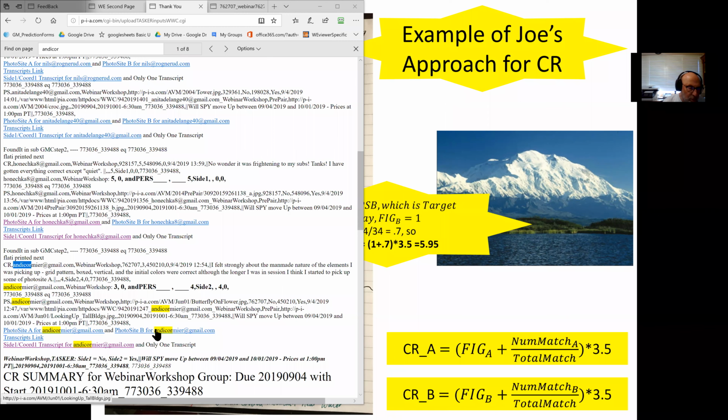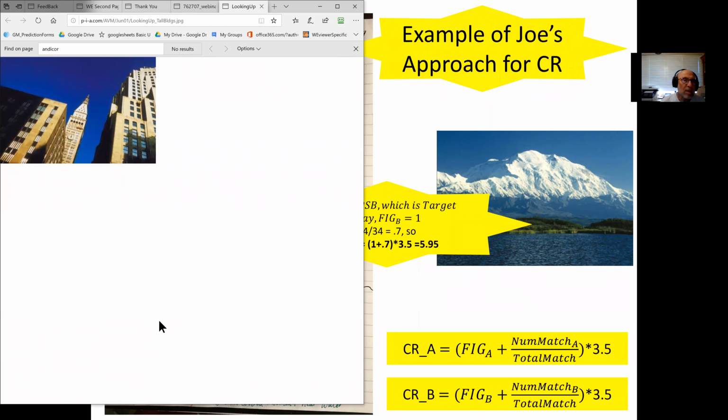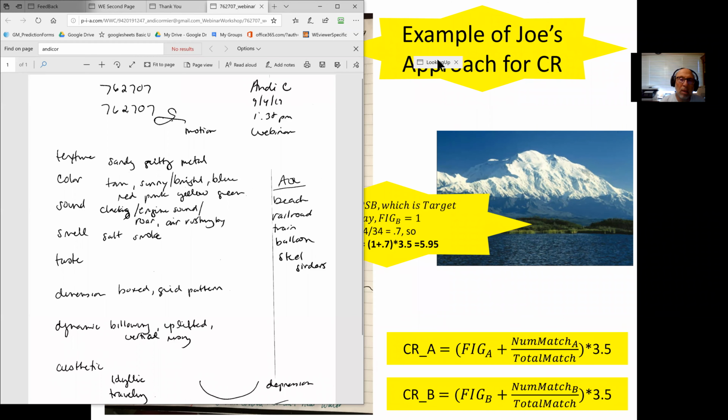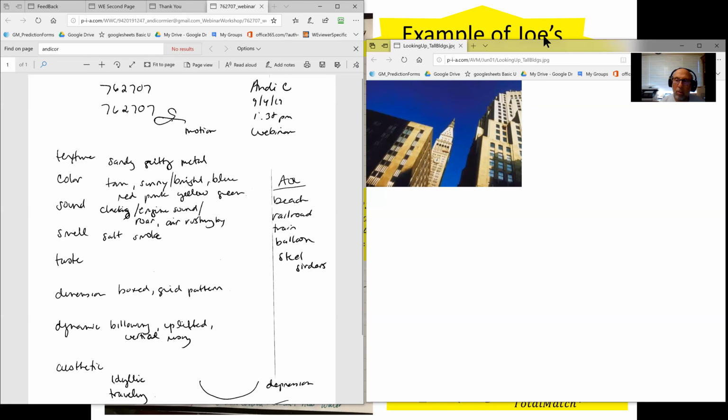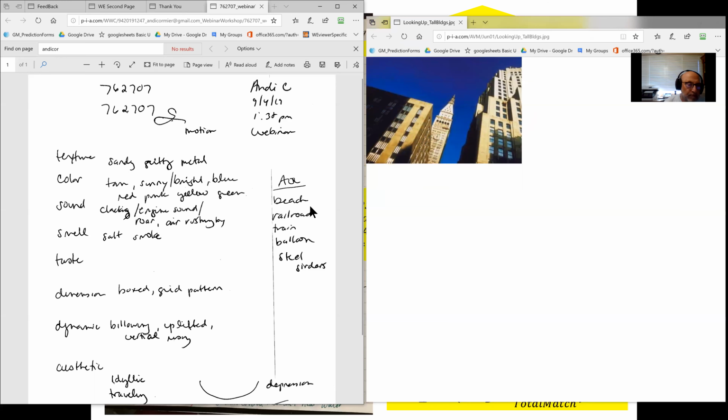So that's photo side B. And you've got the building. So, okay, AOLs.